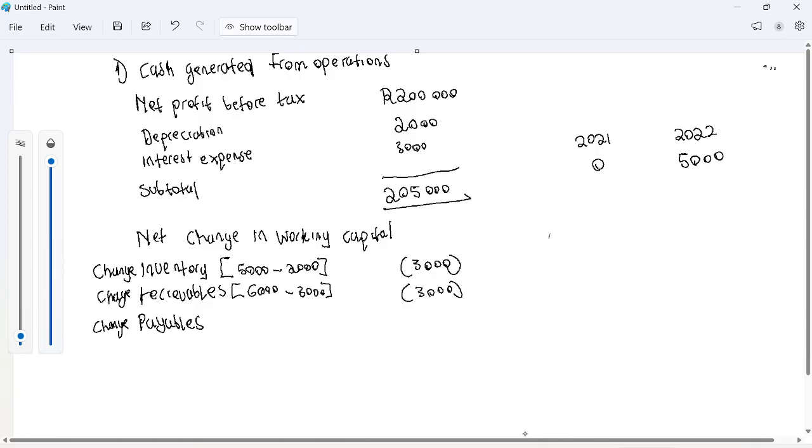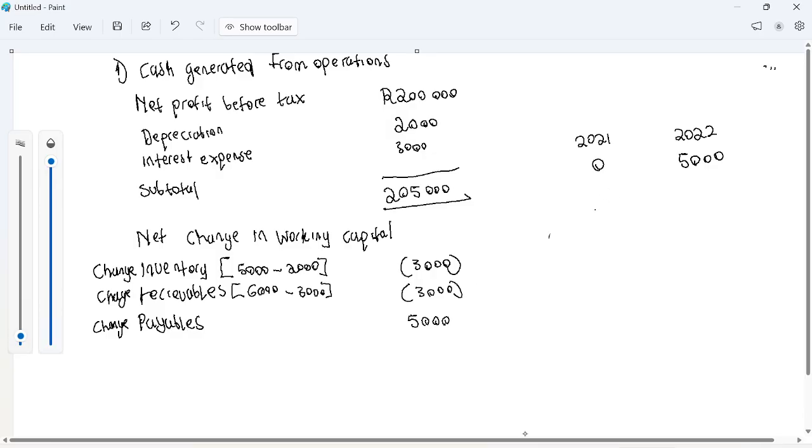So in 2021 you did not have money, but in 2022 you had more money. So an increase in payables will result in what? An inflow to whatever entity received the benefits from the bank, right? So an increase in payables will result in an inflow of money. So in this case, what was the increase? The increase was 5,000. So therefore this is an inflow of money.